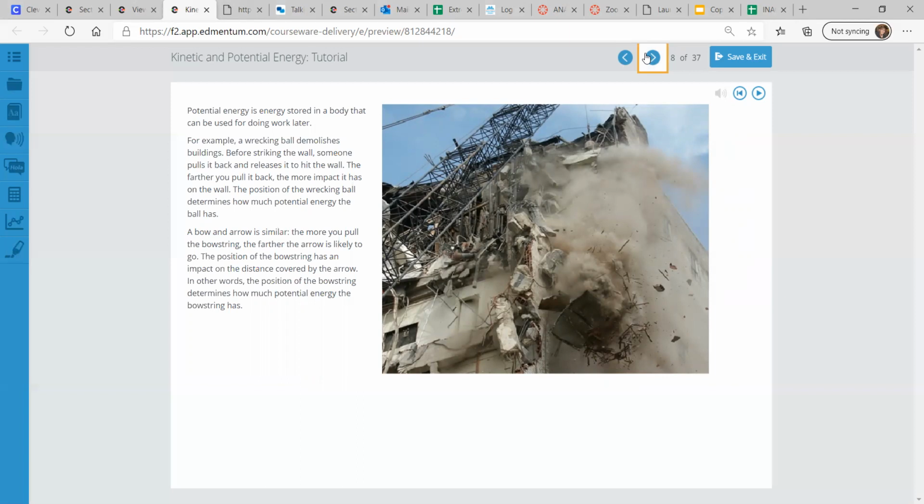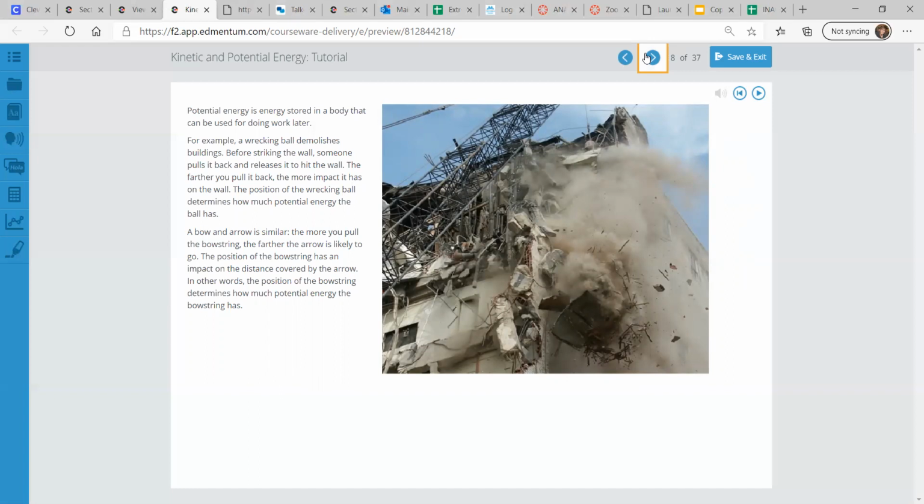Another example, a wrecking ball demolishes buildings. Before striking the wall, someone pulls it back and releases it to hit the wall. The farther you pull the wrecking ball back, the more impact it has on the wall. The position of the wrecking ball determines how much potential energy the ball actually has.